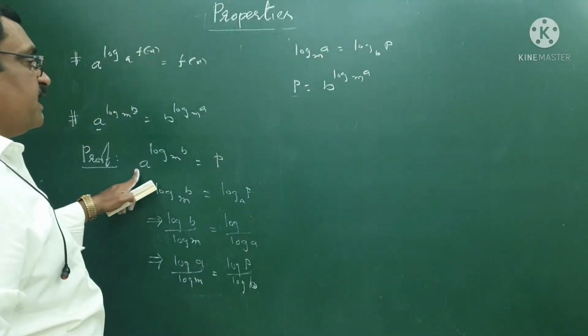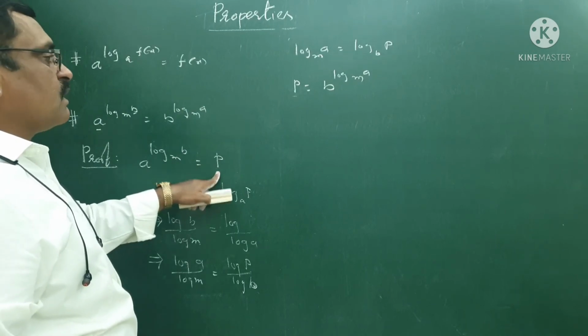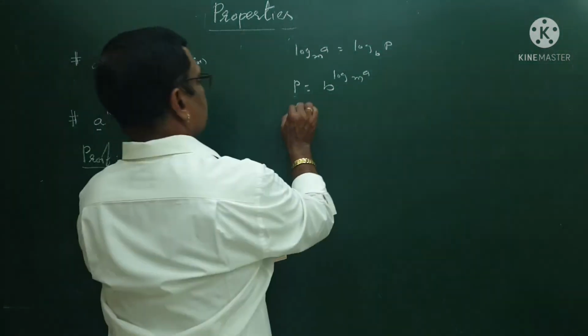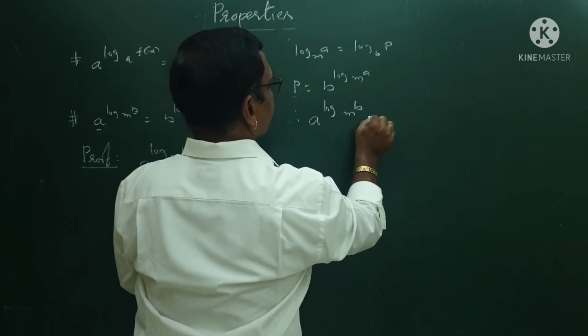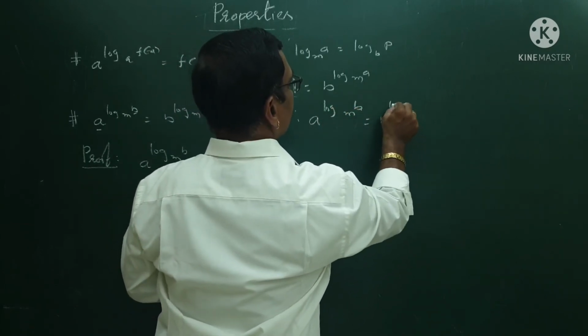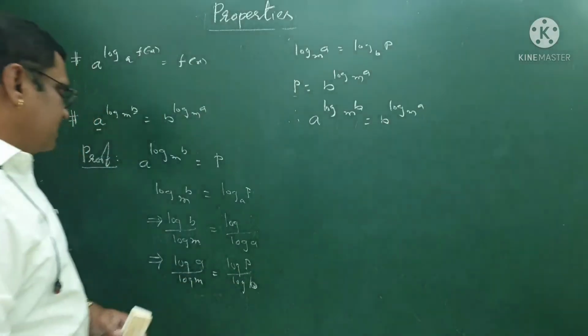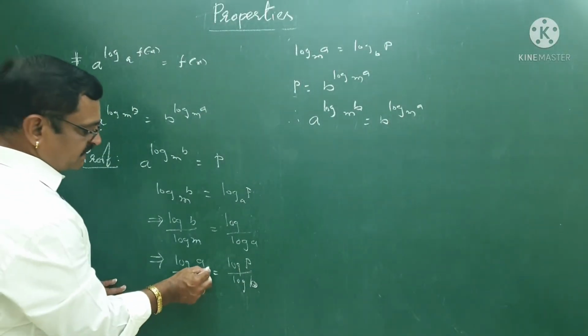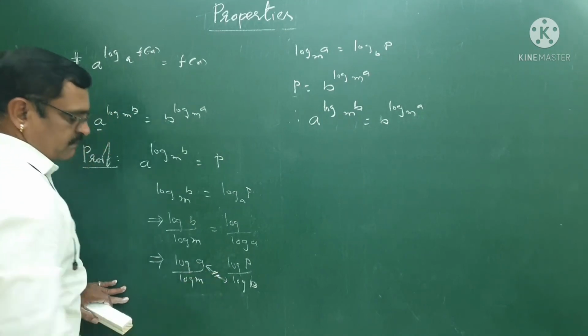Both are the same. A to the power of log B base m is equal to B to the power of log A base m. Here the technique is very simple, just interchanging these two. This is the important point. Yeah, please take it.